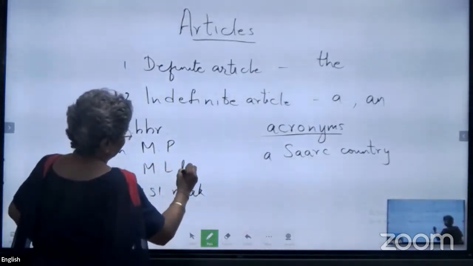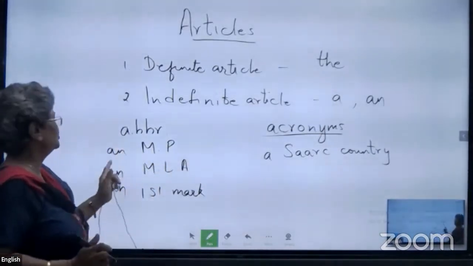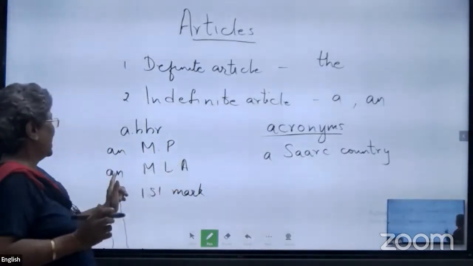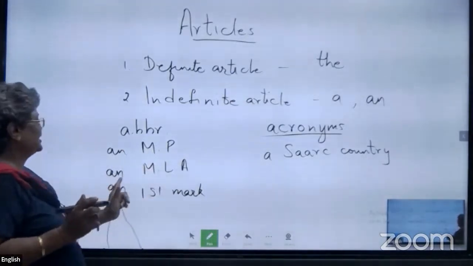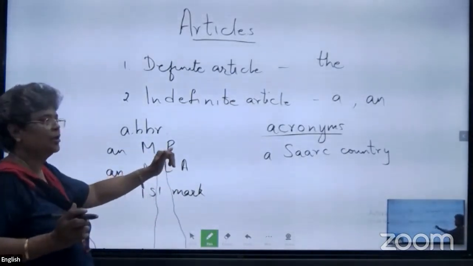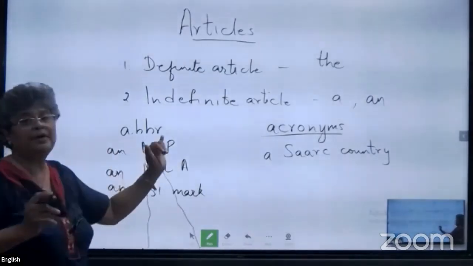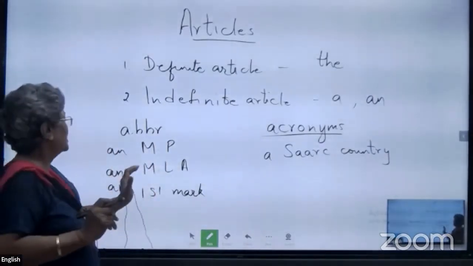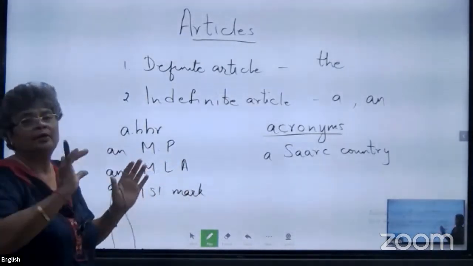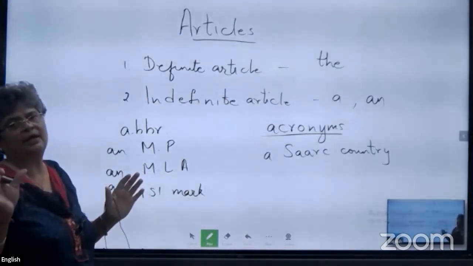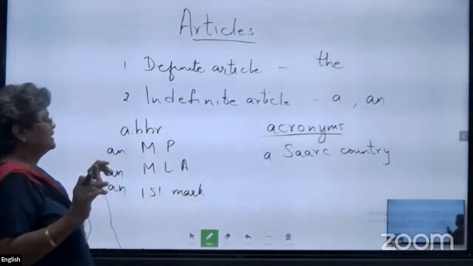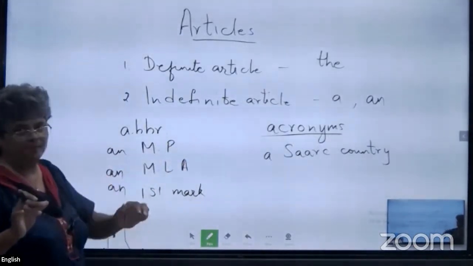MLA. These are abbreviations. You use the word an: an MP, an MLA, an ISI mark. But when you pronounce the whole thing, a member of parliament, a member of legislative assembly, when you don't write it as an abbreviation, you use the word a, but otherwise it is an.